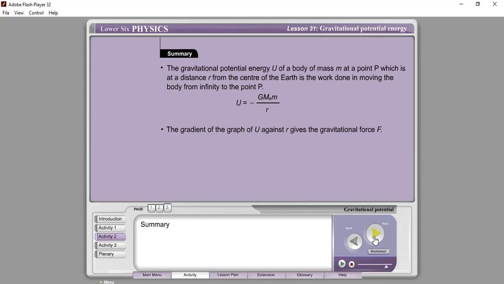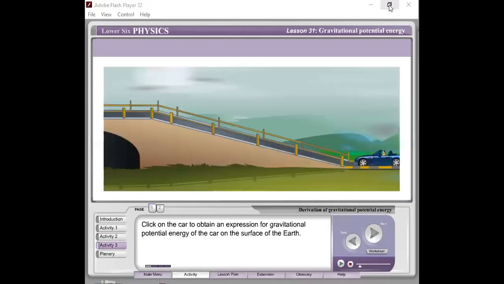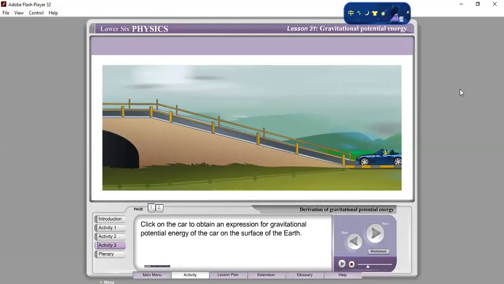The gradient of the graph of U against r gives the gravitational force F. Click on the car to obtain an expression for gravitational potential energy of the car on the surface of the Earth. Click the play button.